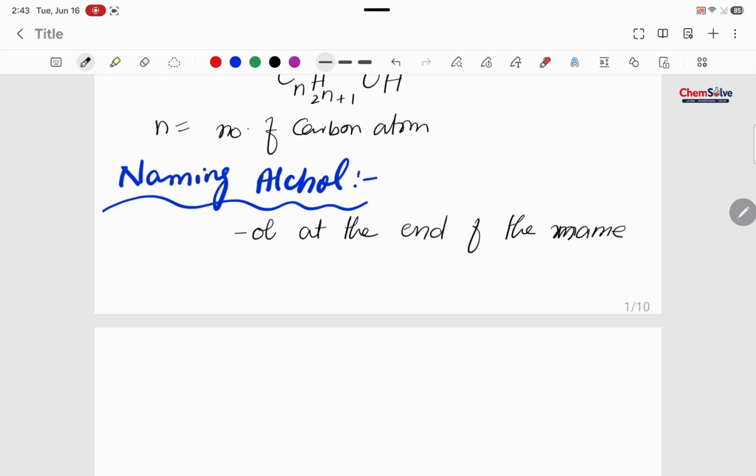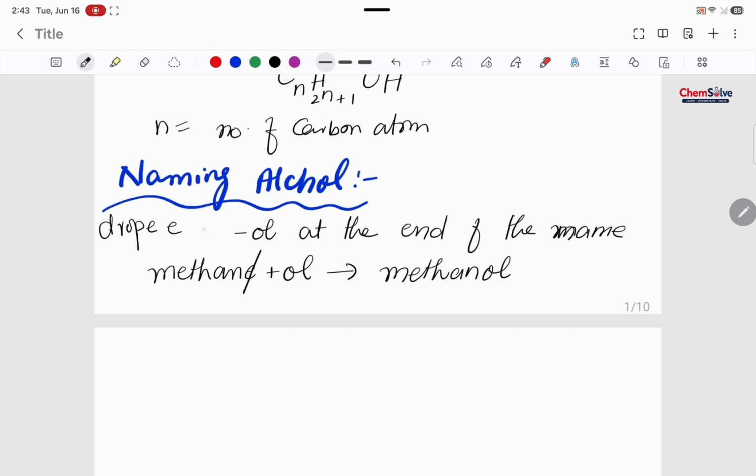For example, if I have methane, so I will drop the E and I will add OL. So the name would be methanol. So drop E and add OL at the end of the name.